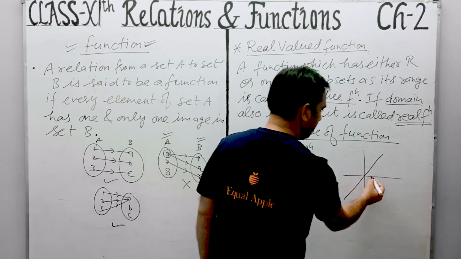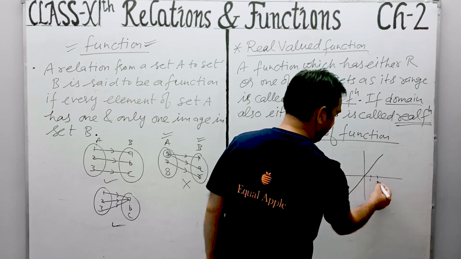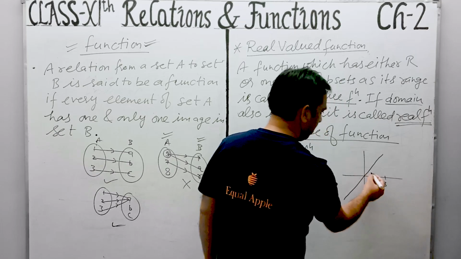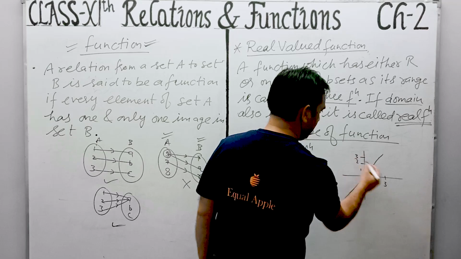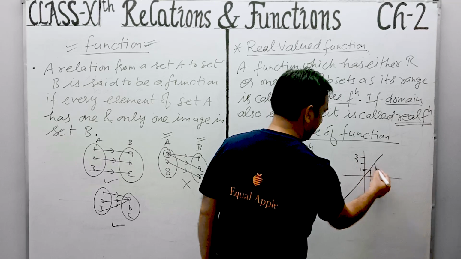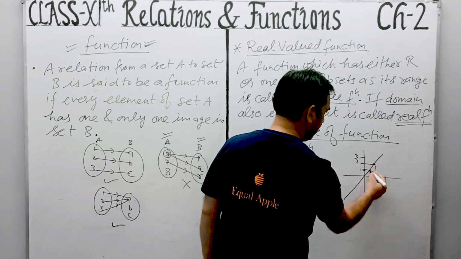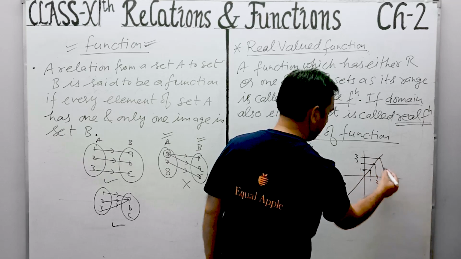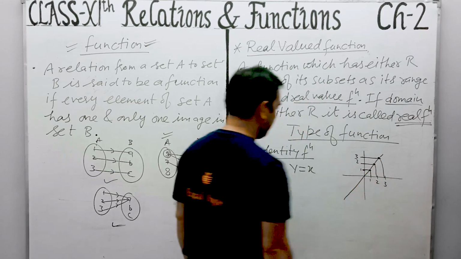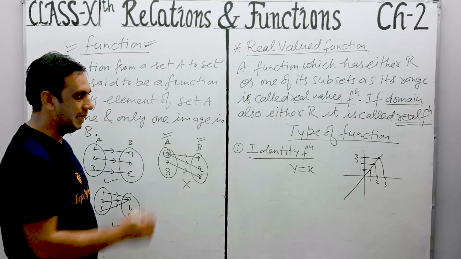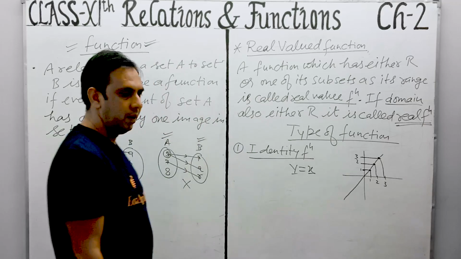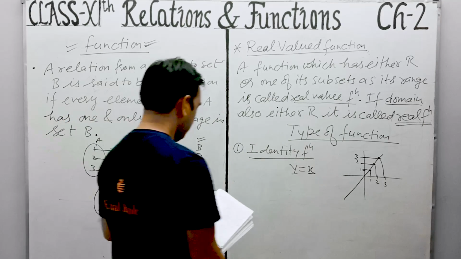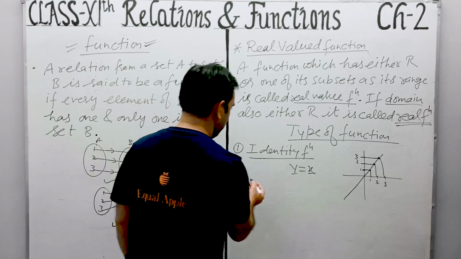For the value of x, the value of y is also the same. So this type of function is called the identity function. In that, both the values are equal. For any value of x, the value of y is also equal.